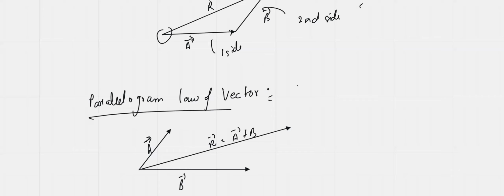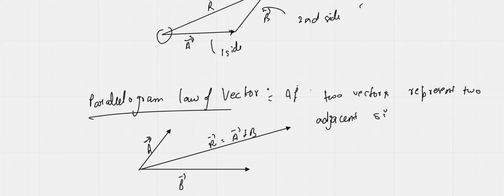By definition, if two vectors represent two adjacent sides, then the third side is represented by the diagonal between them.